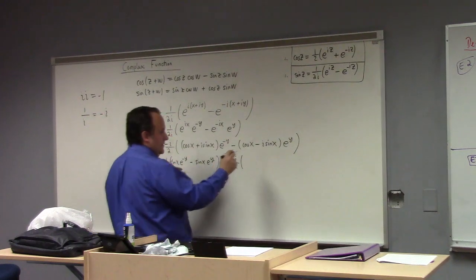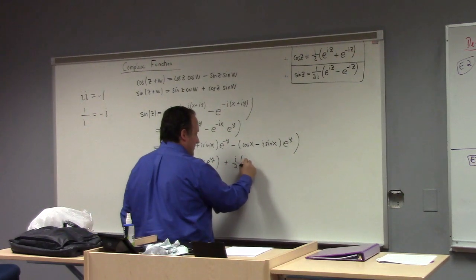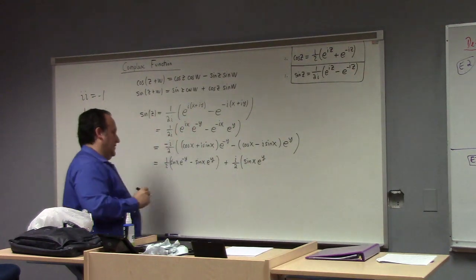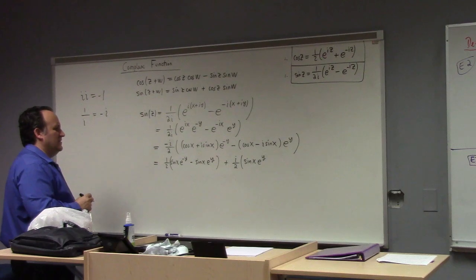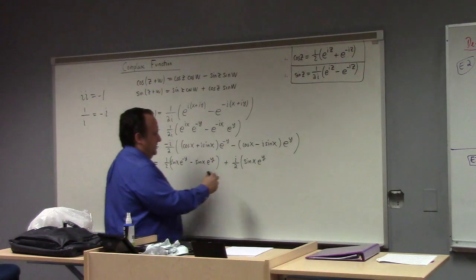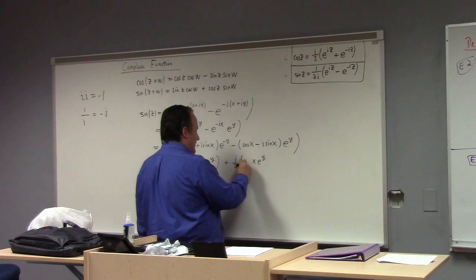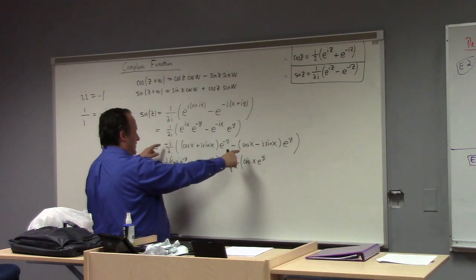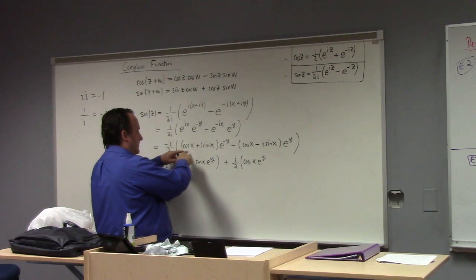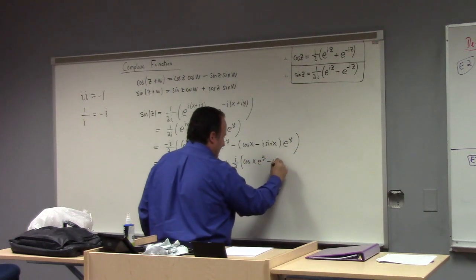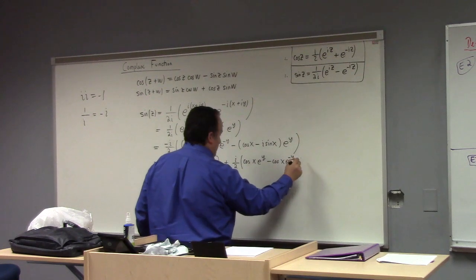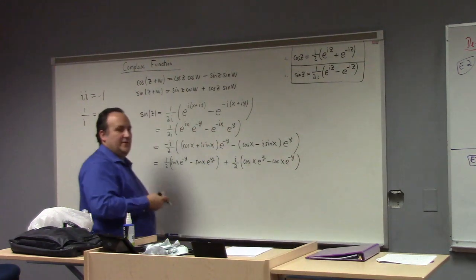So I get a sine x e to the y. Wait a minute, where'd my cosine go? Oh, that's where it's supposed to be. Dummy, me, not you. Cosine x, minus minus gives me plus. And then over here I get a minus cosine x e to the minus y, I think. Yeah, we can clean this up.